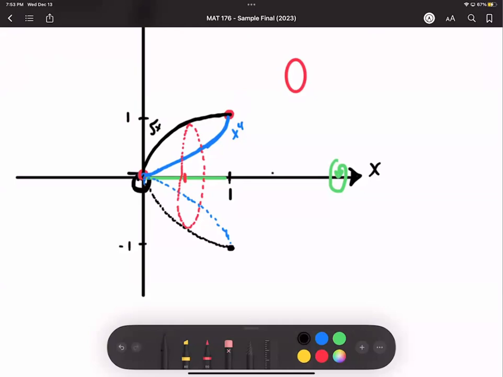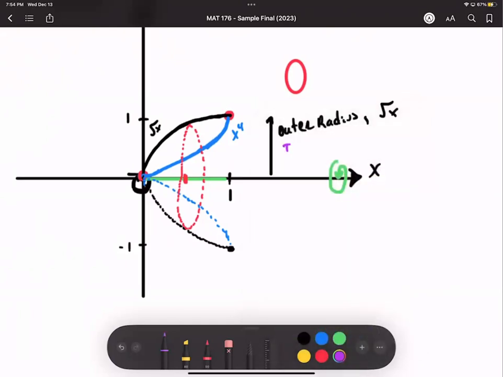The outer radius is going to be the square root of x, because whatever test value I use here, the height depends on your square root function. The inner radius, on the other hand, is going to be just x to the fourth. So it will look something like this.